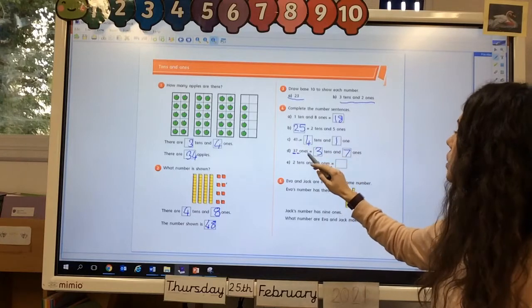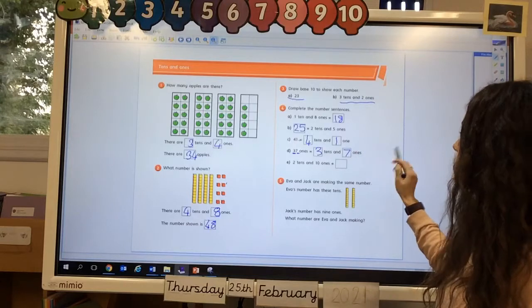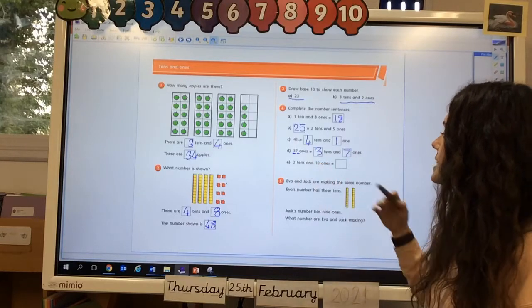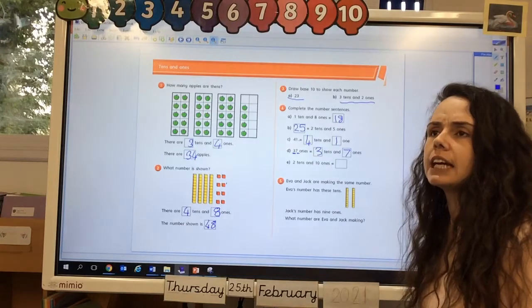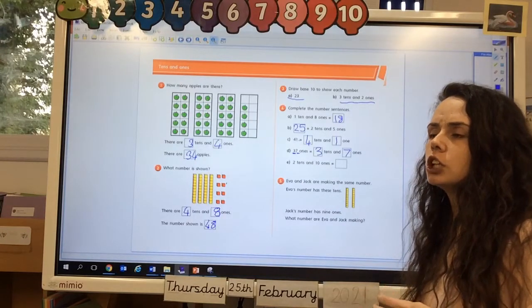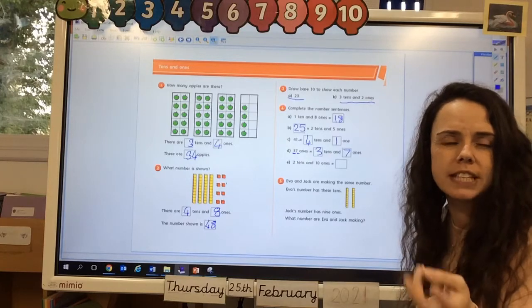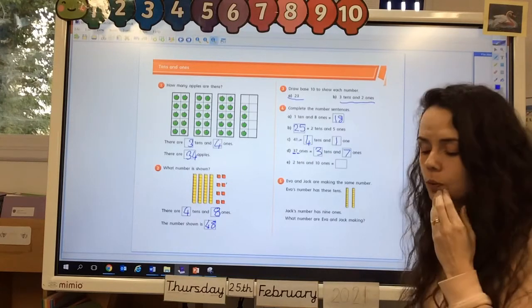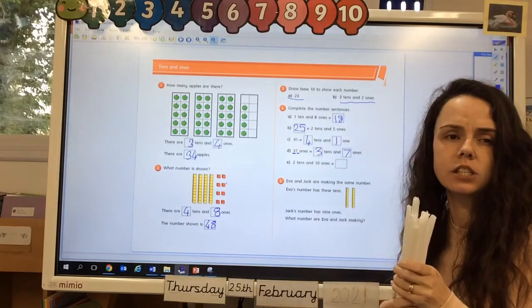37 is 3 tens and 7 ones, and 2 tens and 10 ones. So 2 tens makes 20, but 10 ones, can we have 10 ones? If we had 10 individual straws, what does it turn into?